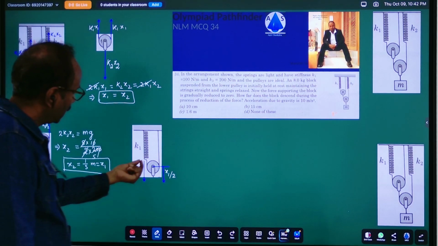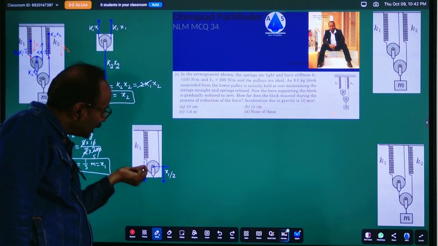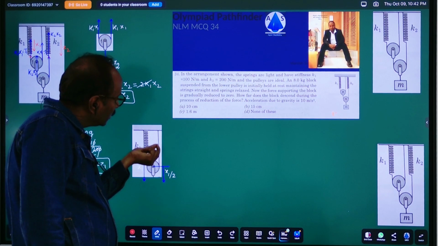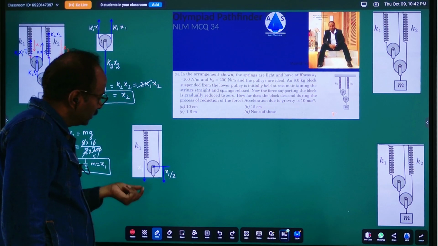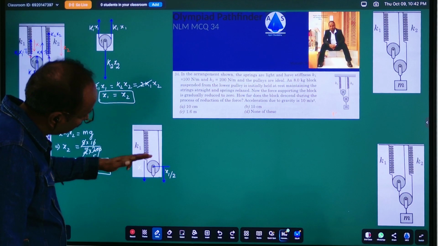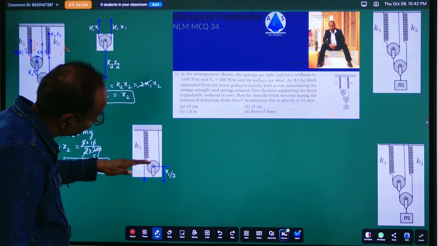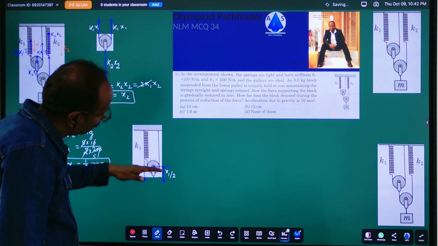Why? Because when this end has gone down by x1, a slack of x1 will appear in your thread, but it is wrapped around the pulley. So x1 by 2 has to be lowered so that x1 by 2 will go from this end, x1 by 2 will go from this end.